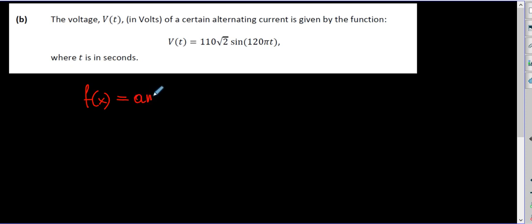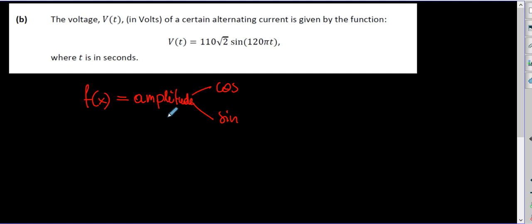So the first number, the number that stands beside cos or sine, that's the amplitude. Oh, I misspelled that. Forgive me, because I'm not teaching English. Amplitude.